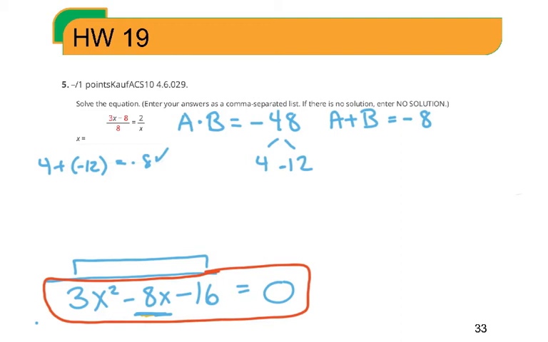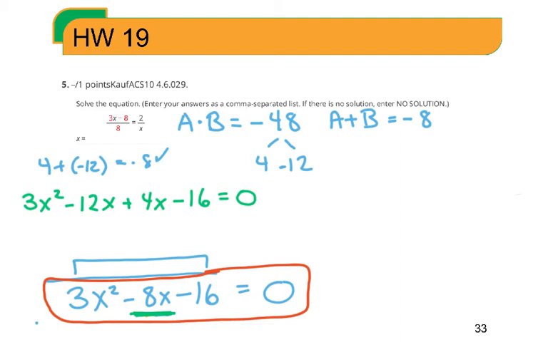So now we rewrite 3x squared. I usually put the minus one first to make life easier for myself, but it will work no matter which way you do it. So notice that this is the same as what we have here, minus 12x plus 4x equals negative 8x.